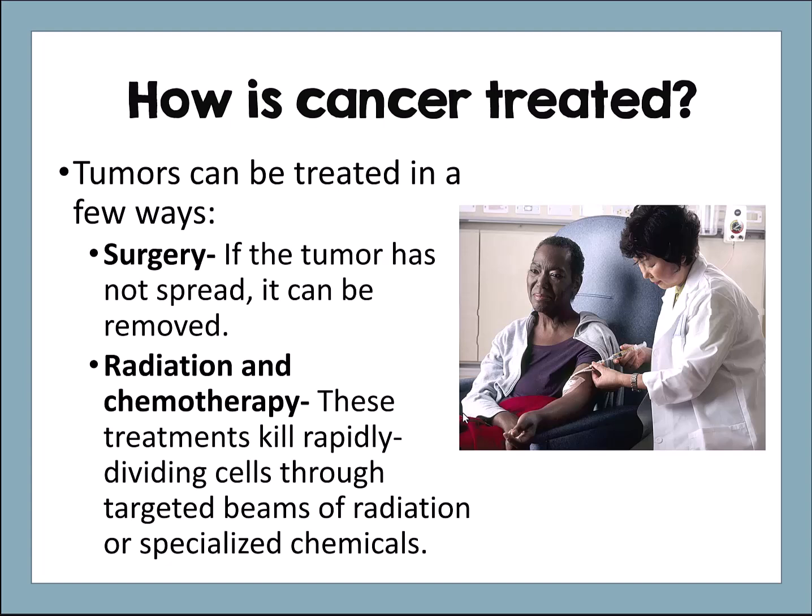There are also immune therapies and hormonal therapies that are used for cancer that's spread. Radiation can also be used for a localized tumor, but surgery is one of the best options to remove a tumor if it hasn't spread to the rest of the body.